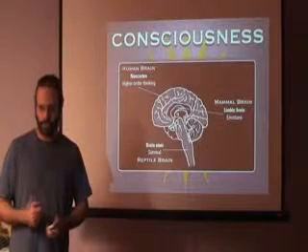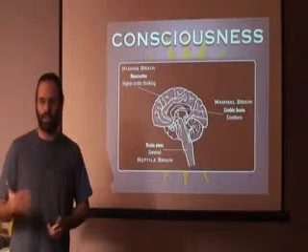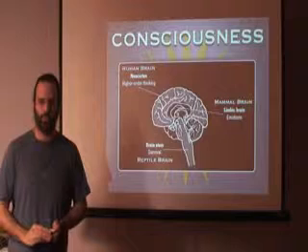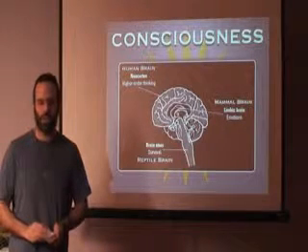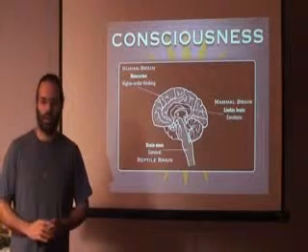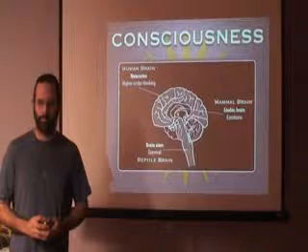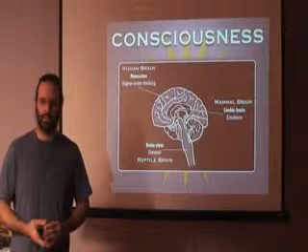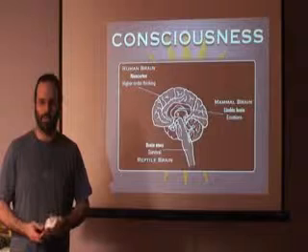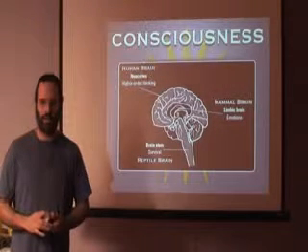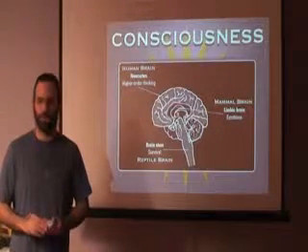So this is the limbic brain, and it can be seen as the intuitive part of the brain, since it generates our emotions. It's comprised of the hypothalamus, the hippocampus, the amygdala, and the pineal and pituitary glands.